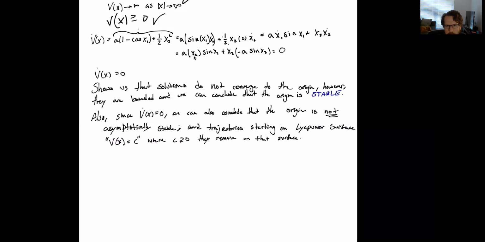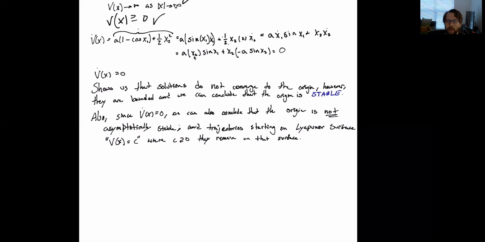Okay, so now what happens if we start at the origin? That would be c equal to 0, which means that v of x is equal to 0 for all future time, which means that the solution stays at 0.